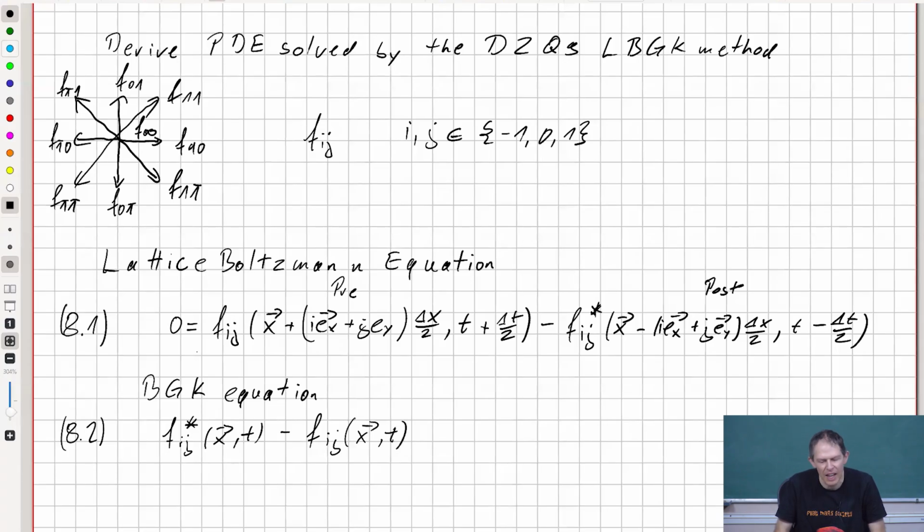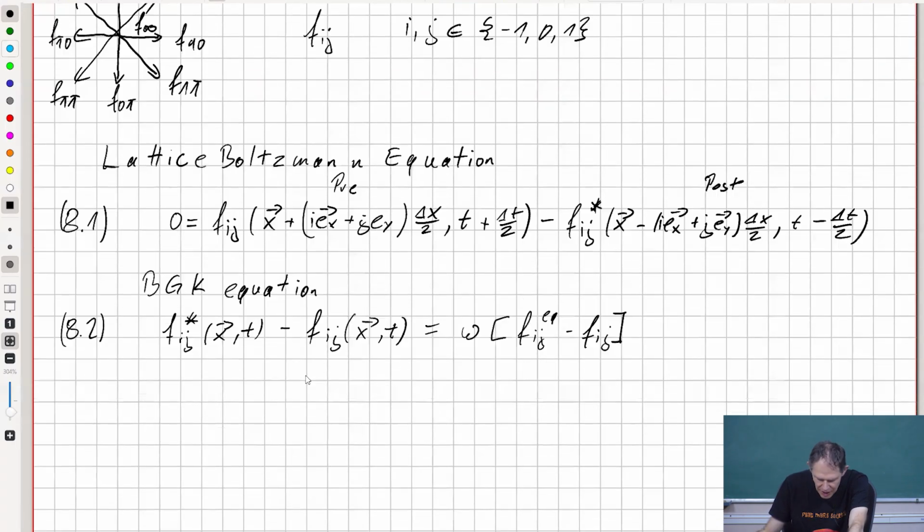So now this is at collision time and at the nodes. This is equal to omega times the equilibrium minus the pre-collision state. So this is how the algorithm works. So the entire equation here can then be Taylor expanded.